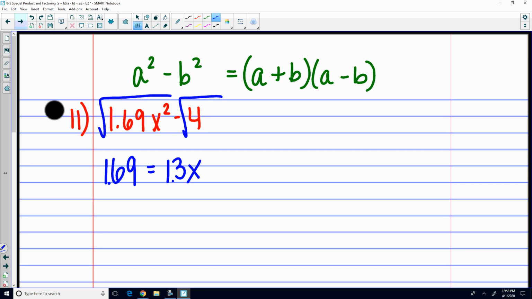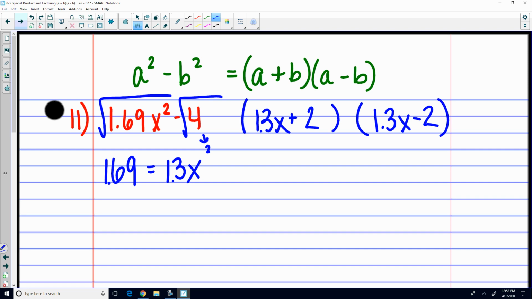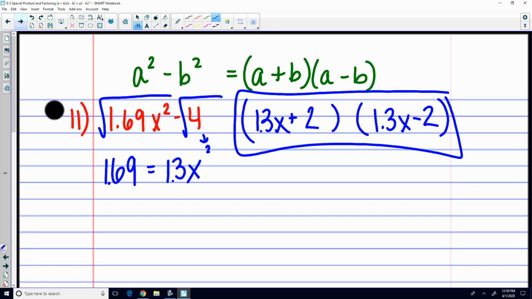So in my A position, I have 1.3x and 1.3x. My B position, I see the square root of 4, which is 2. So in my B position, I get a 2. It's addition, subtraction, parentheses, parentheses. 1.3x plus 2 times 1.3x minus 2.